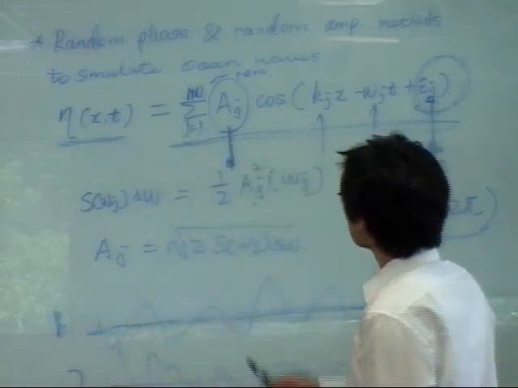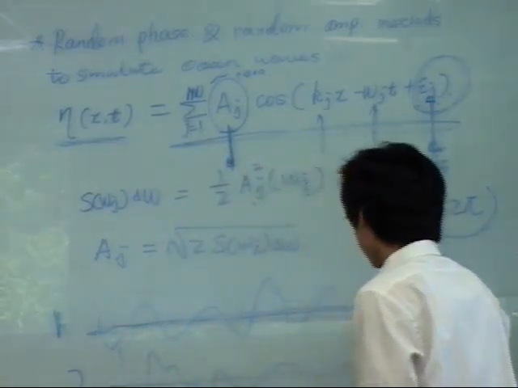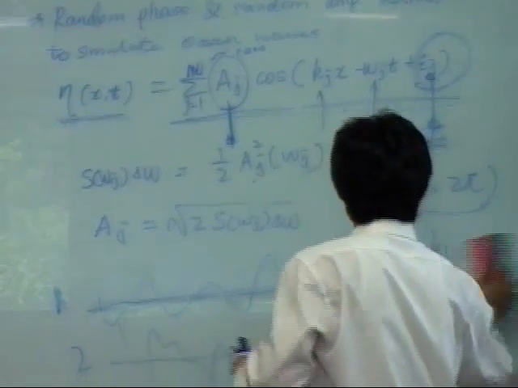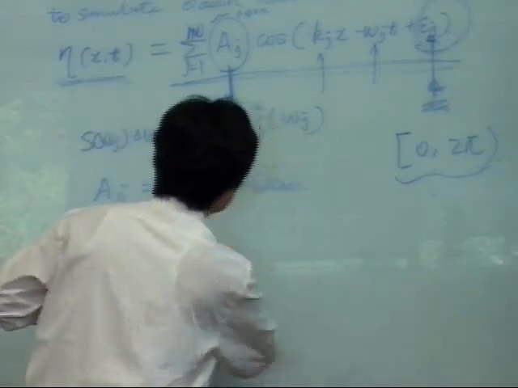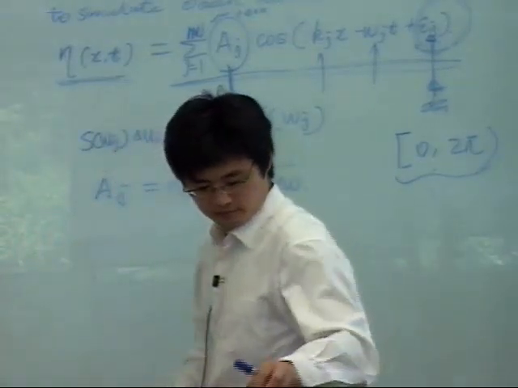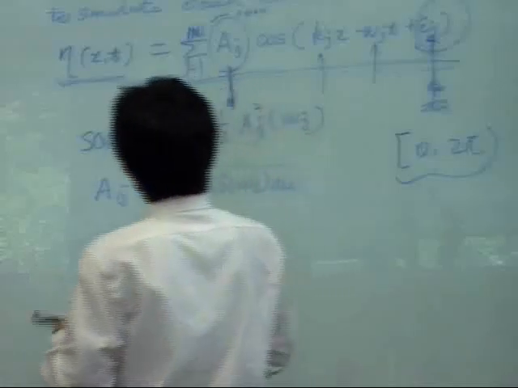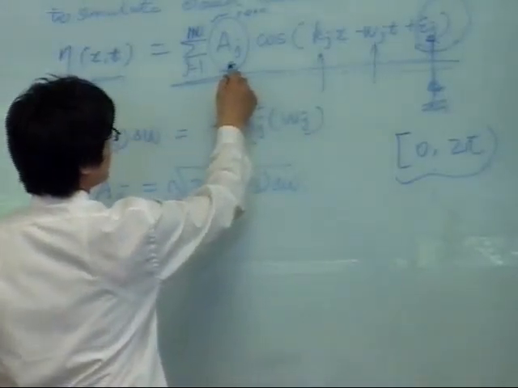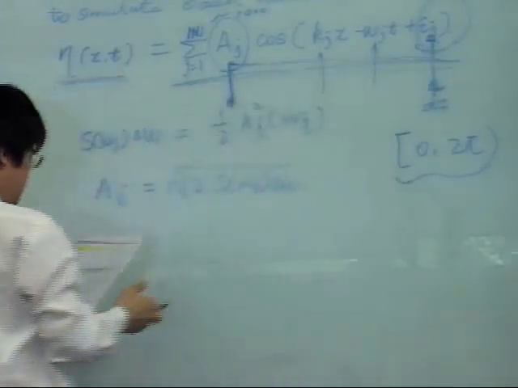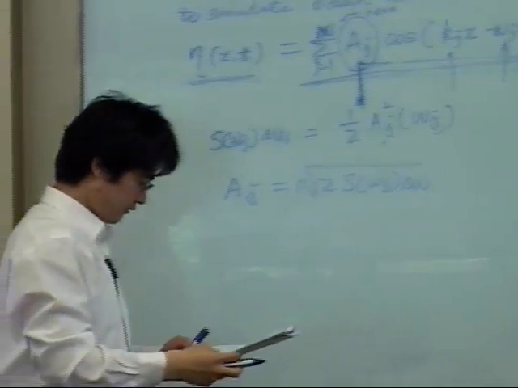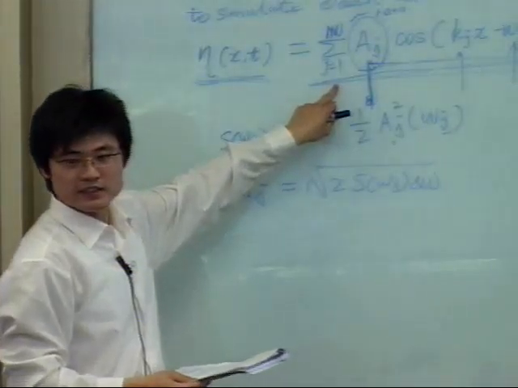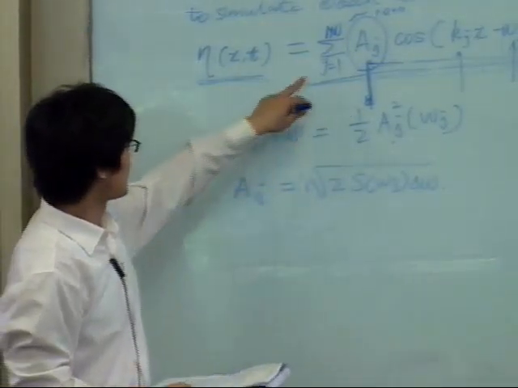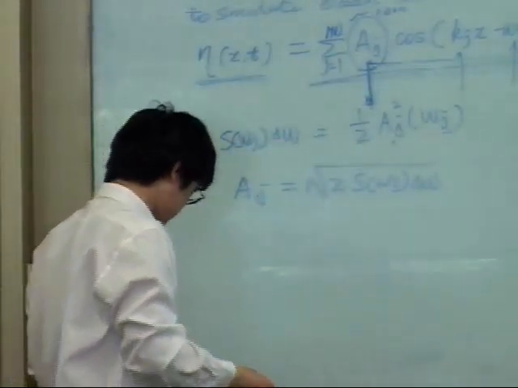Once you have this random surface elevation, you can compute the velocity, right? Each component of this sinusoidal wave gives you a velocity, and then you do a similar thing, linear superposition, to sum those velocities up.